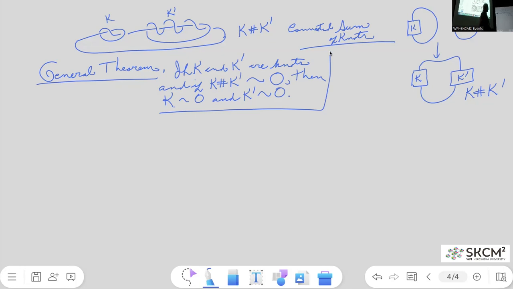Now that turns out to be a little harder to prove than you might think. But I'm going to show you two proofs. One of them is specialized to colorable knots.